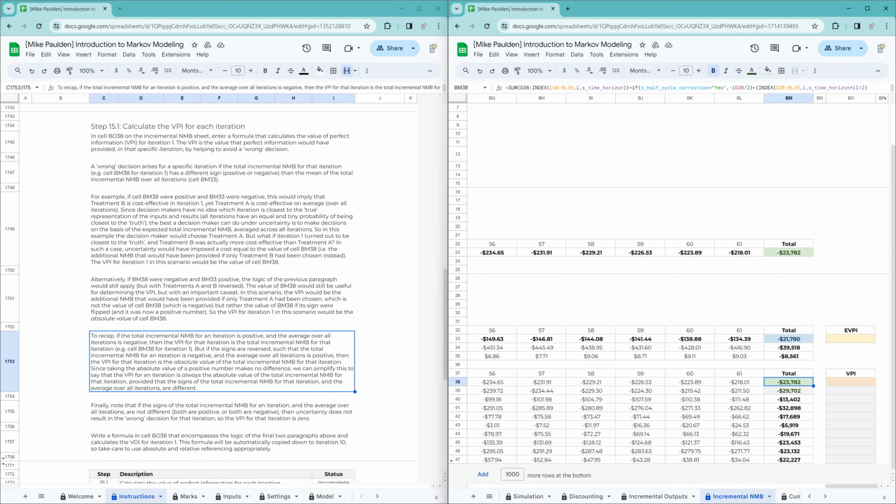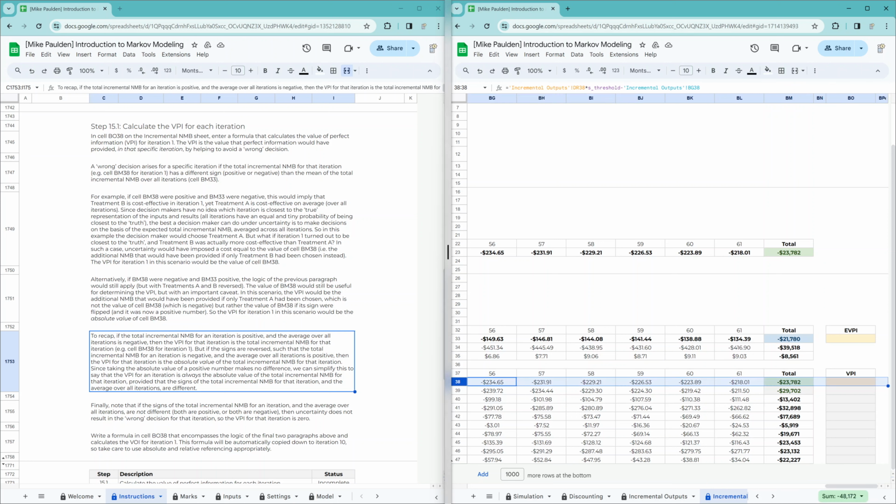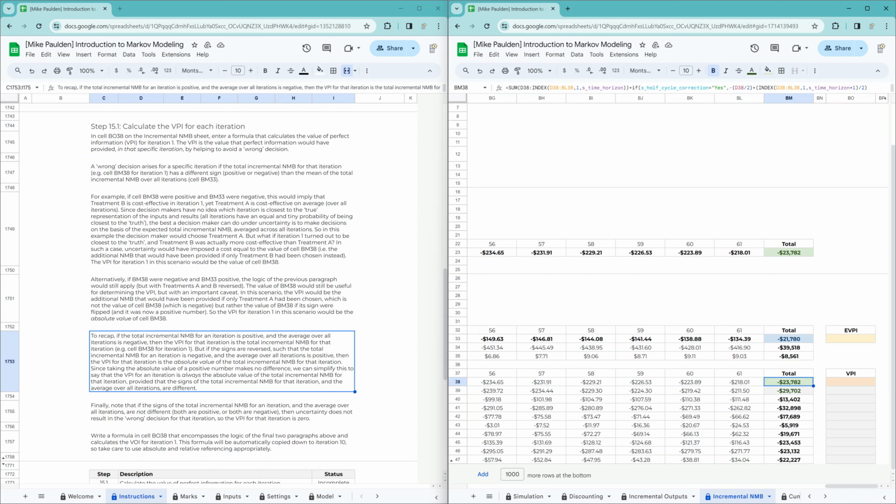Well then, what does that mean? It means if this iteration, out of all 1,000 iterations, were actually the closest to being the truth, yeah, it has the true values of each of the inputs, and that is the true output. If that were the case, well then, if this were actually positive, then treatment B is cost effective.